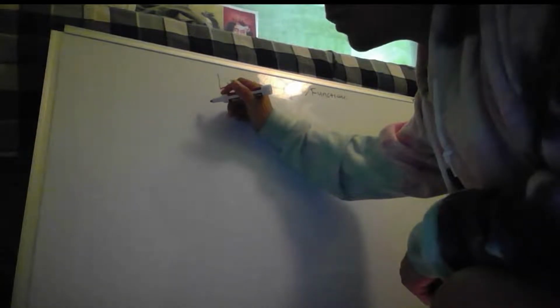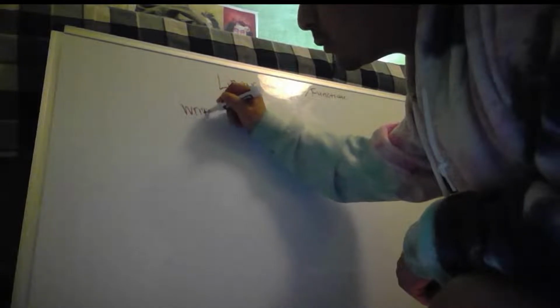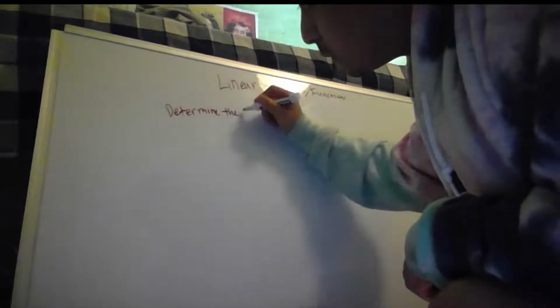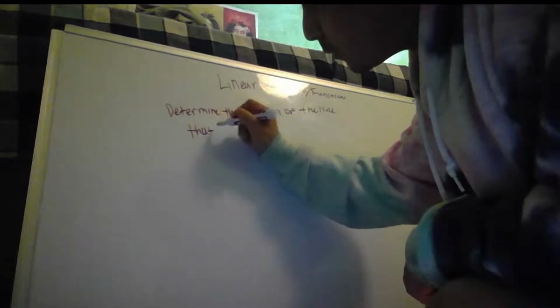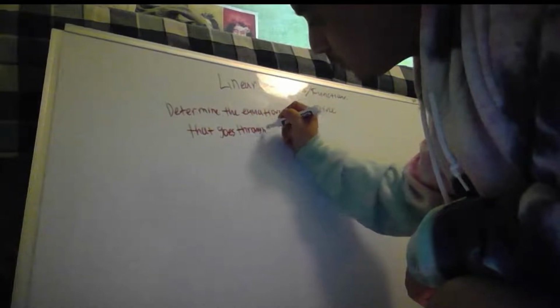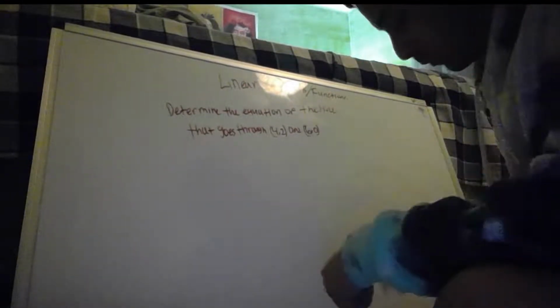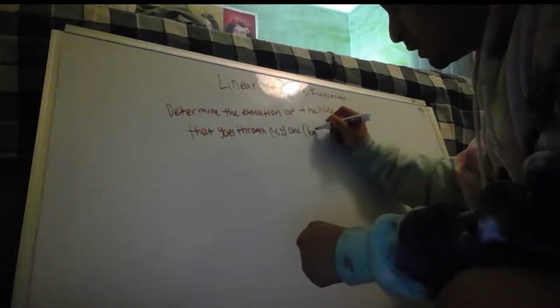In general, we're gonna say, determine the equation of the line that goes through 4, 2, and 6, -1. Just gonna say that.